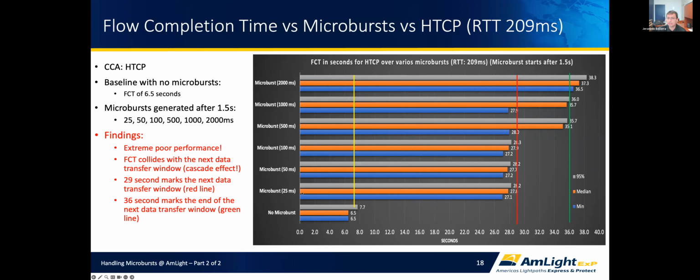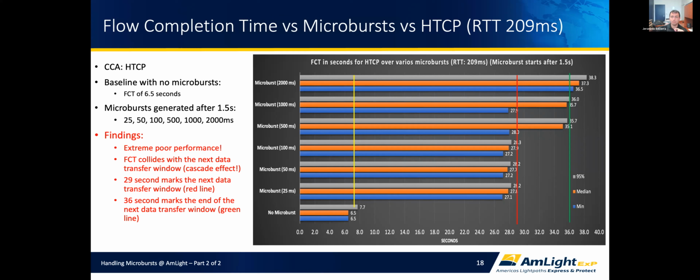The main concern that this kind of graph shows us is the possibility of a cascade effect: these data transfers, which start here at time 0, will be extended into the next data transfer window, that will impact that window, and that one will affect the next one and the next one. So this is one of the things we want to test again in the future: is it possible that a single 2000 milliseconds microburst happening in one flow affects the rest of the night, or not?